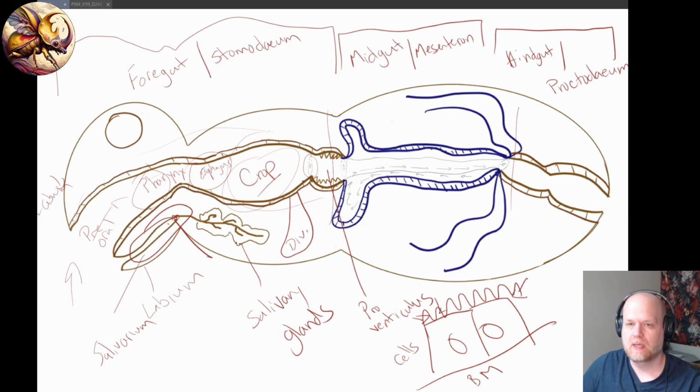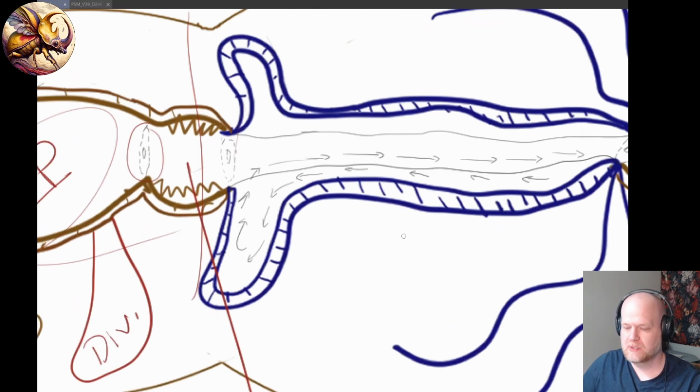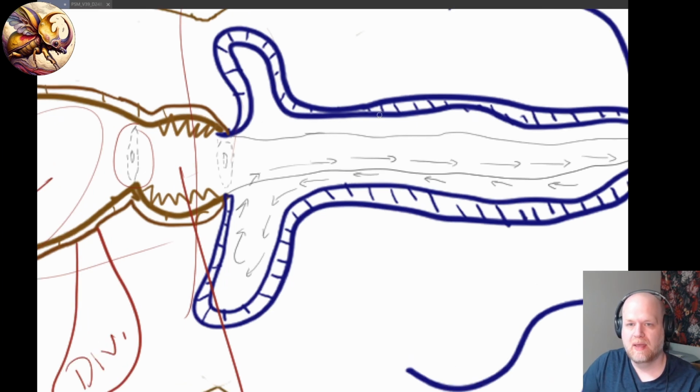And if we zoom in here, how this works is you have food coming in, but it's protected by this membrane here. So there's a membrane that is between the columnar cells here and the food, which will come in this way. So you have this membrane here called the peritrophic membrane, and this membrane helps prevent abrasion.